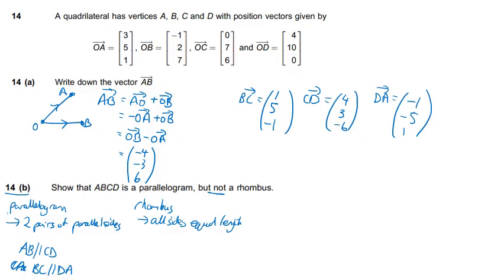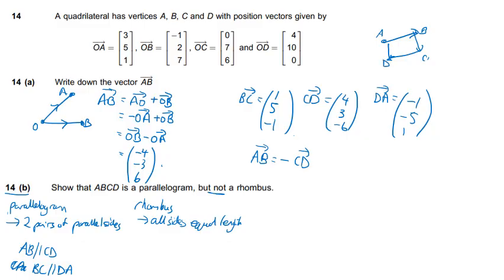Okay, and you can hopefully easily see by just looking at these 4 vectors that AB is just equal to minus CD. So they're parallel, and they're the same length, just in the opposite direction because we're going A to B to C, going round like that.